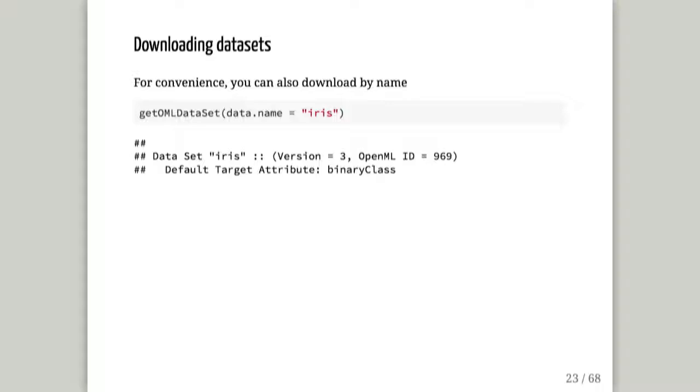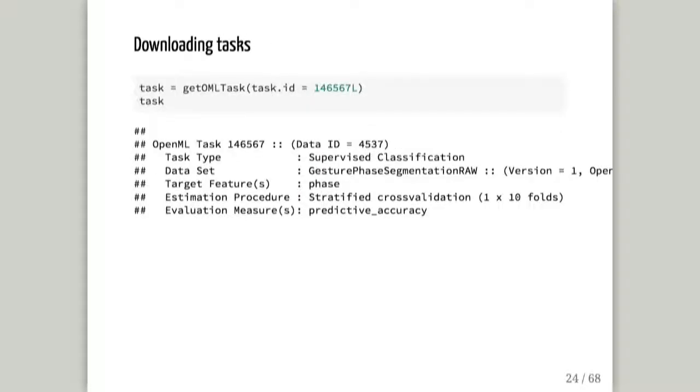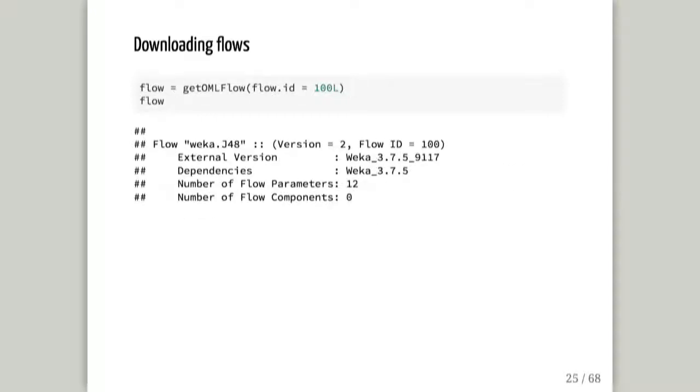You can also download data sets by names. Say you want to have Iris once again, you can get OML dataset. Data name is Iris, and you will get Iris into your script. You can also download tasks the same way. You give the task ID, and you get, again, the full description of this task. This also includes the data that's attached to this task. And you can do the same thing for flows.